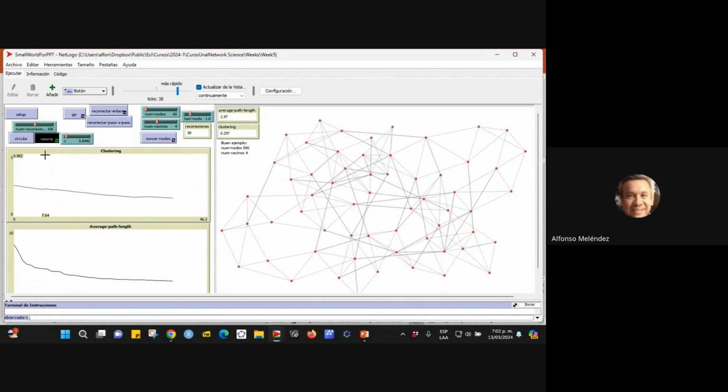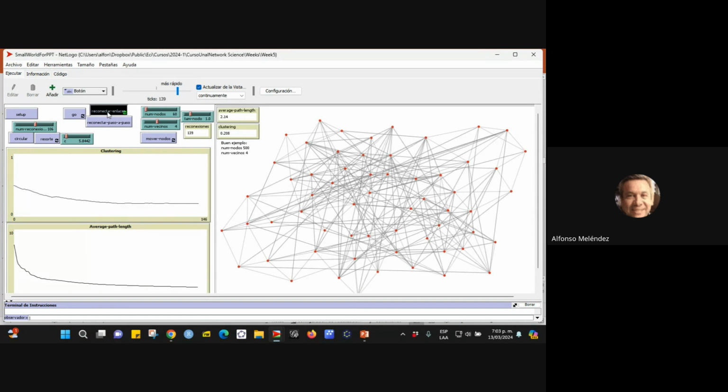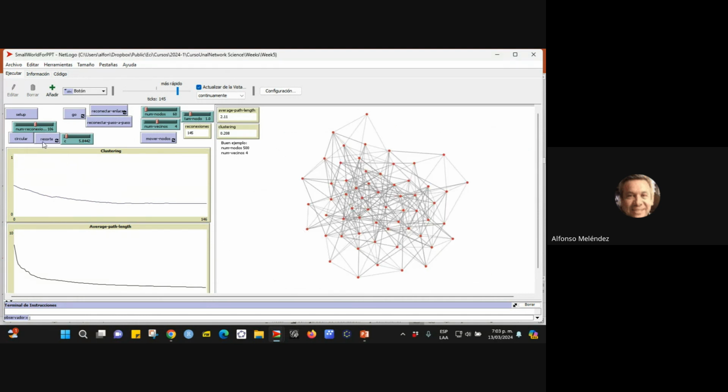This is a small world. This is a small world. But if I put more, this is not a small world now. This is random, okay? The line between small world and random is not clearly cut, but that was the idea.